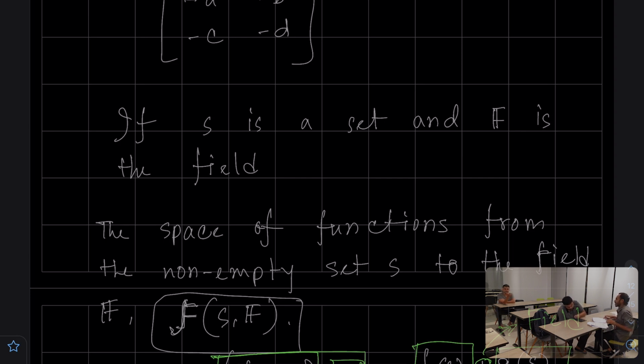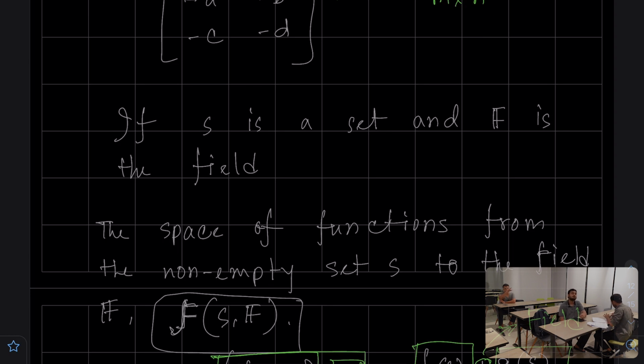Did you understand that the set of all m times n matrices? For this, I considered just the square matrix, but I said that the set of all m cross n matrices is also a vector space over the field F. There is a nice notation for that.